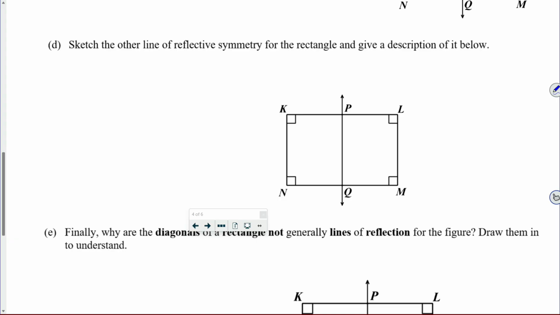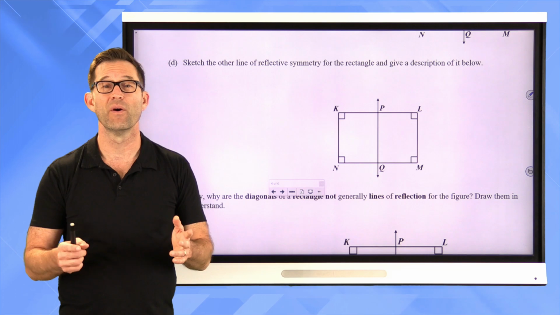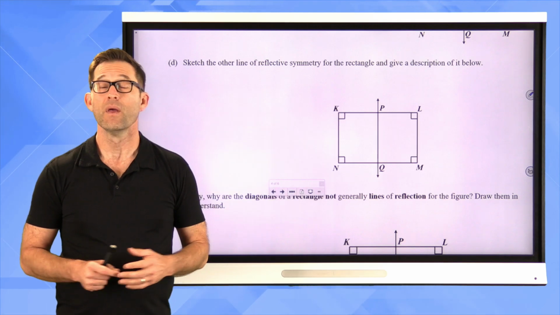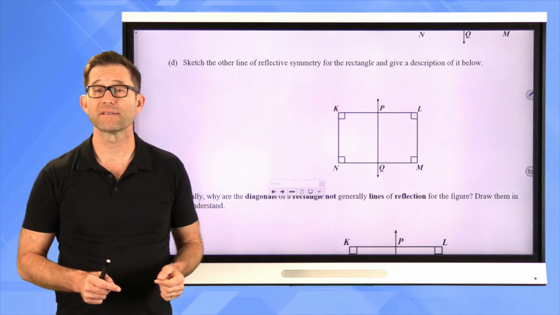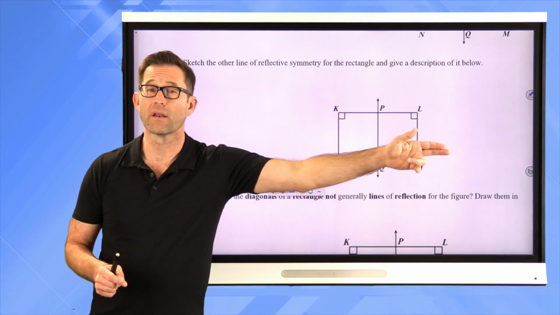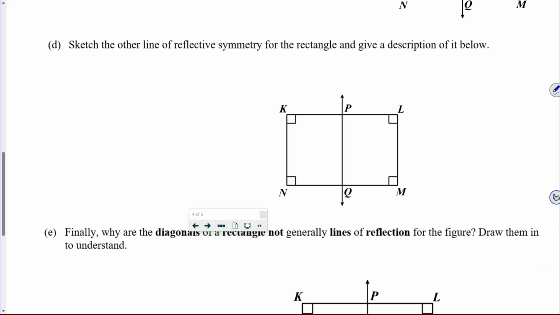Sketch the other line of reflective symmetry for the rectangle and give a description of it below. All right, why don't you go ahead and do that? Well, first, let's describe what it has to be. It has to be the equivalent of this line, except going horizontally, right? So I'm going to draw a line, and you can have it dashed or solid, it doesn't really matter.